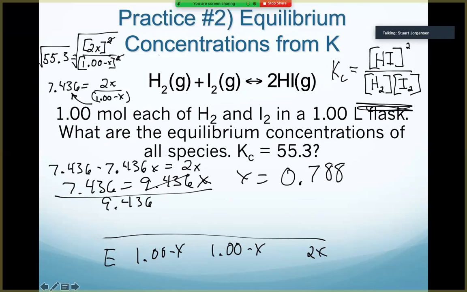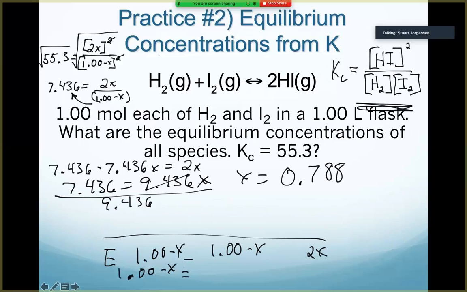We're not quite there yet, because what was x? X was the change in the concentrations. Well, now we can go ahead and solve. We've got our x and our x down below, so we're going to have 1.00 minus x. Well, in this case, it's going to be 1.00 minus, so 1 minus our answer. That's going to come out to 2 decimal places when we're looking at our addition or subtraction.